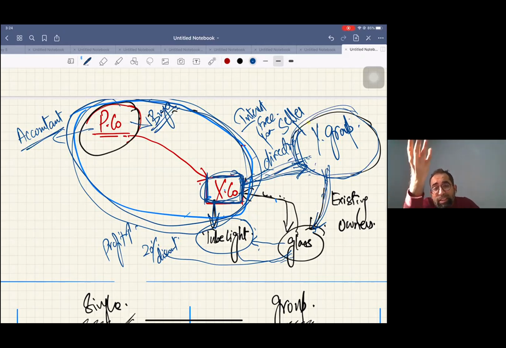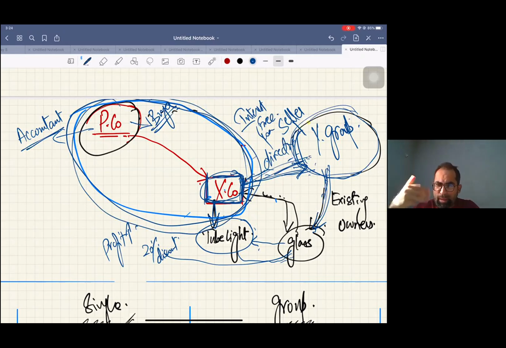So there will be some additional cost after the takeover. Are you getting it? Before takeover the picture is different, and after takeover the picture is different. So you need to be very careful, and you need to comment on it very carefully.